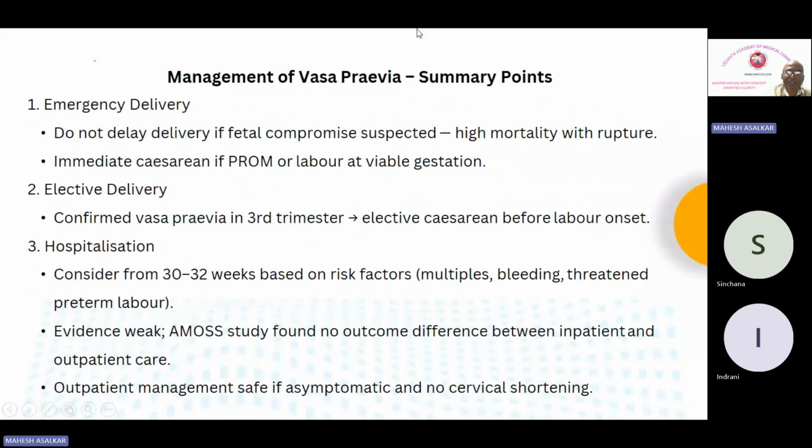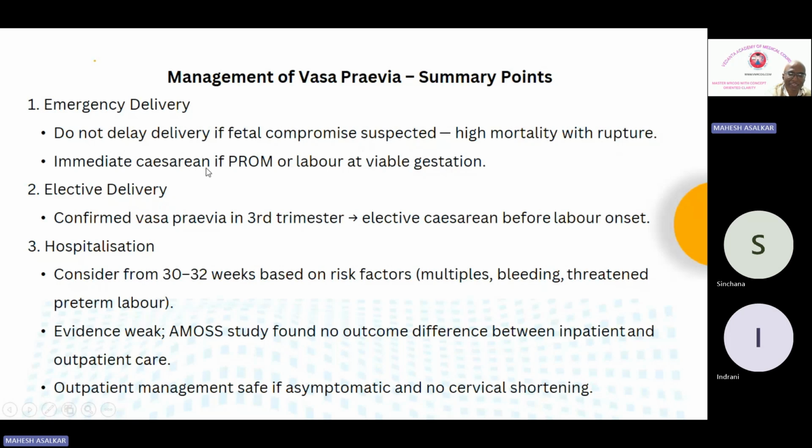Management of vasa previa, what are the summary points? First, we have to go for emergency delivery. Do not delay delivery if fetal compromise is suspected. There is a high mortality with rupture. Immediate cesarean section if PROM or labor occurs at viable gestation, that is, category 1 cesarean section.